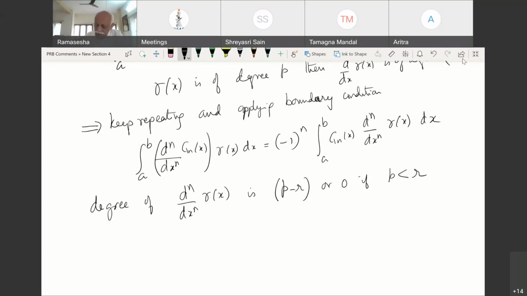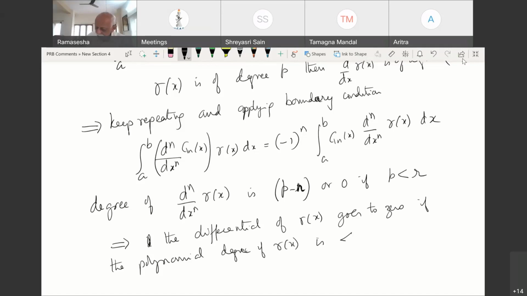So this implies that the derivative of r(x) goes to 0 if the degree of the polynomial r(x) is less than n. Because if it is less than n, d^n by dx^n of r(x) is 0.